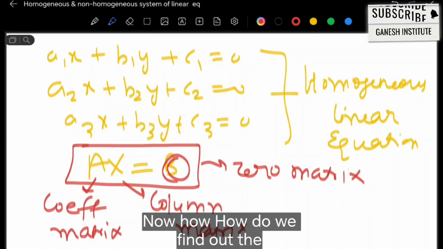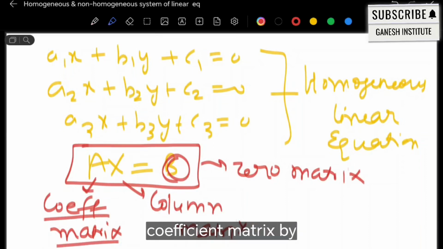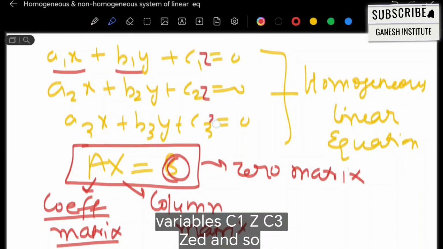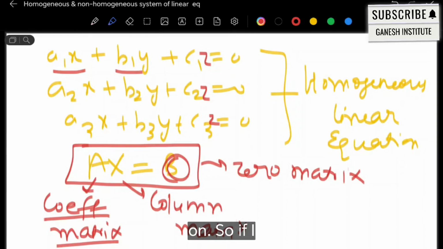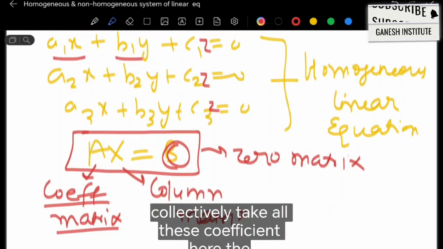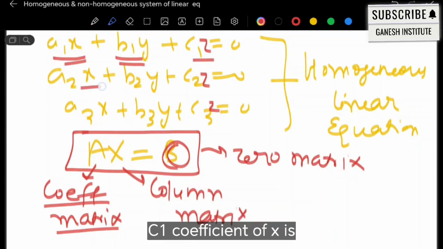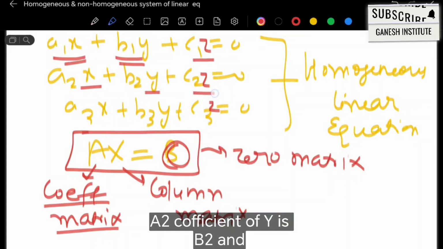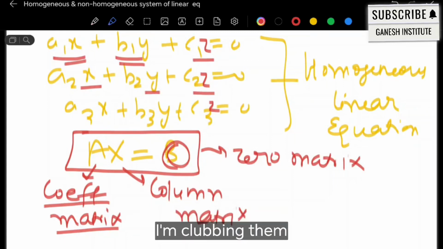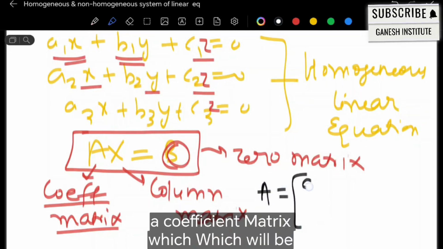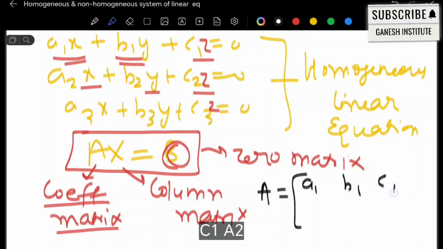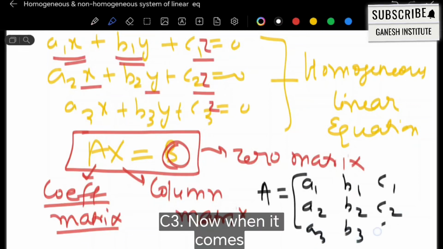Now, how do we find out the coefficient matrix? By making a matrix of the coefficients. So if I collectively take all these coefficients, here the coefficient of x is a1, here b1, here the coefficient of z is c1, coefficient of x is a2, coefficient of y is b2, and coefficient of z is c2. So I am clubbing them together to make a coefficient matrix, which will be a1, b1, c1, a2, b2, c2, and a3, b3, c3.